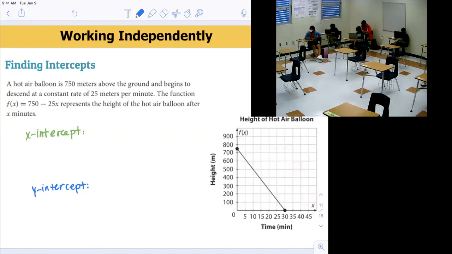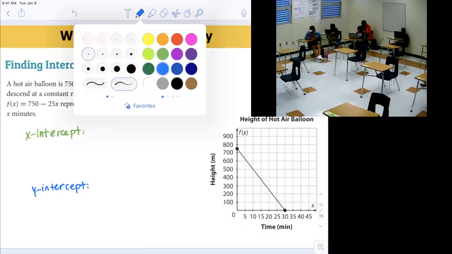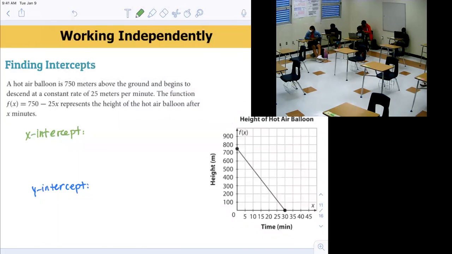Alrighty. So volunteer, who can tell me what is the x-intercept? 0, 30. 30, 0. Okay, so that's the coordinate point of the x-intercept, but the actual value of the x-intercept would be just 30.